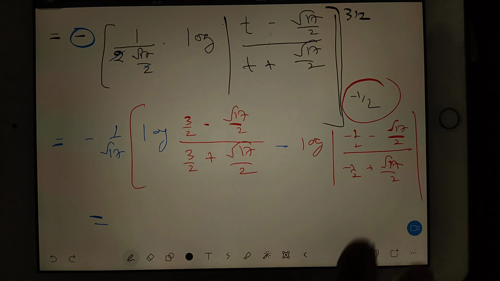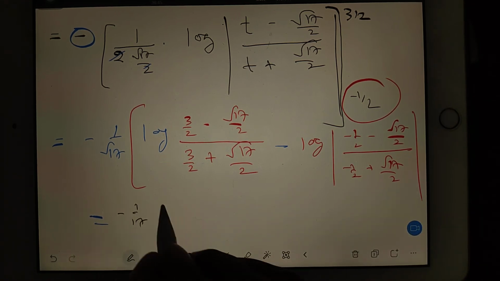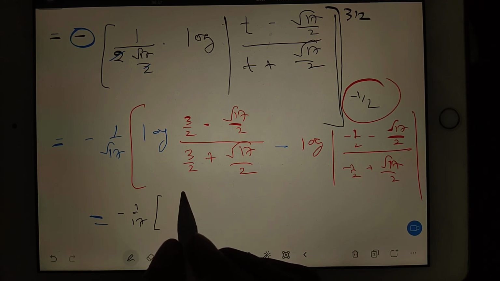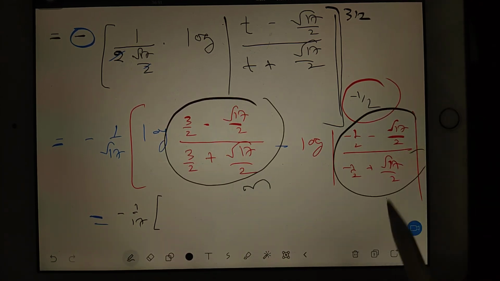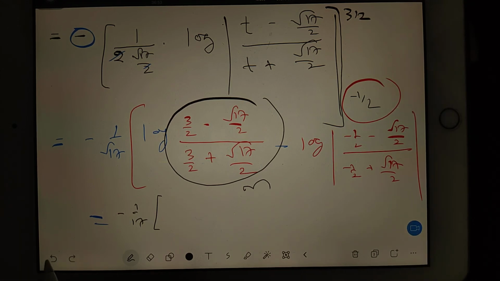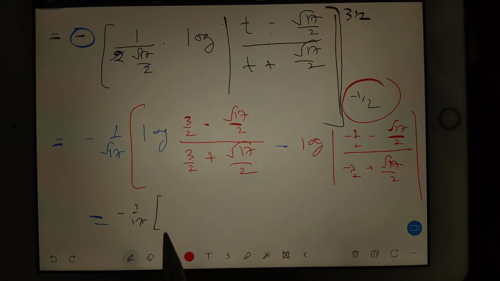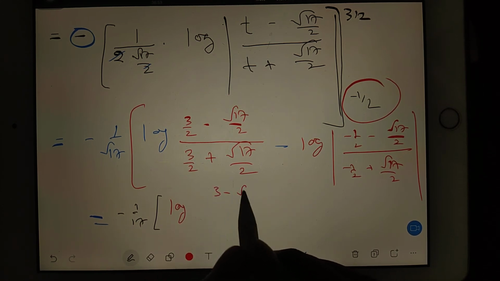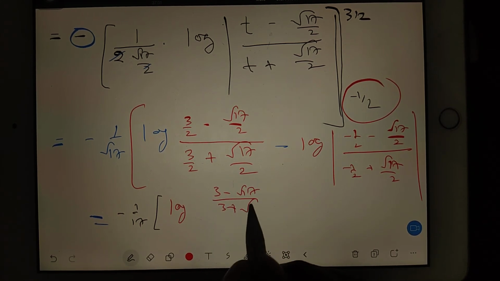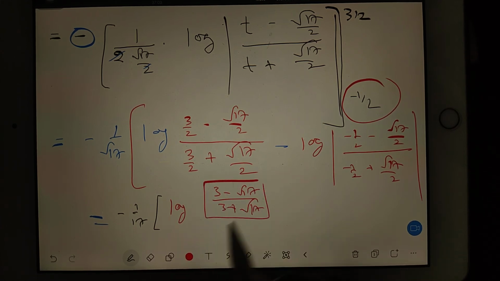So we'll be having a smaller format, and in that smaller format we can get like 1 by root 17 and then bracket close. So you see here, this I will consider as m, this I will consider as n. So log m minus log n is nothing but log m by n, right? So I can take only one log and I can write this 3 minus root 17 by 3 plus root 17 as my m, and whole divide by this value.